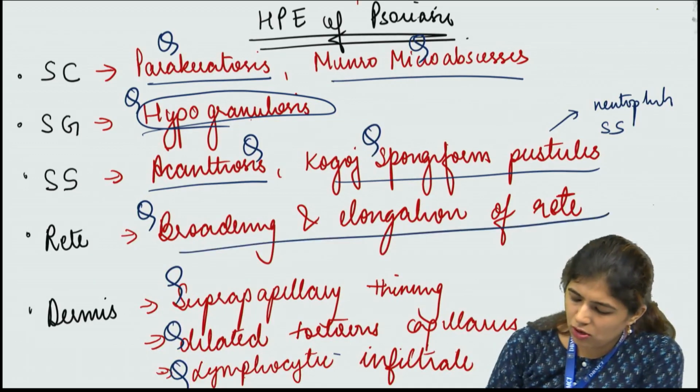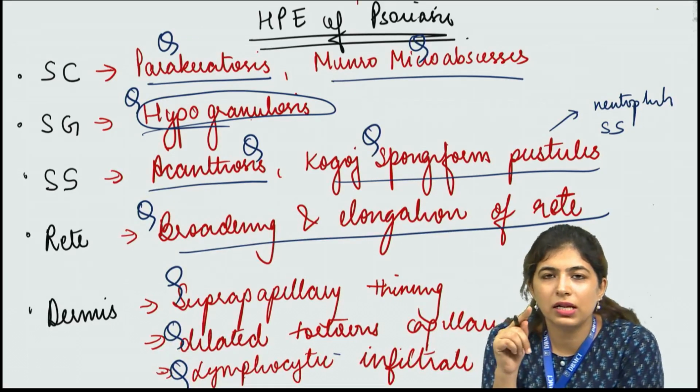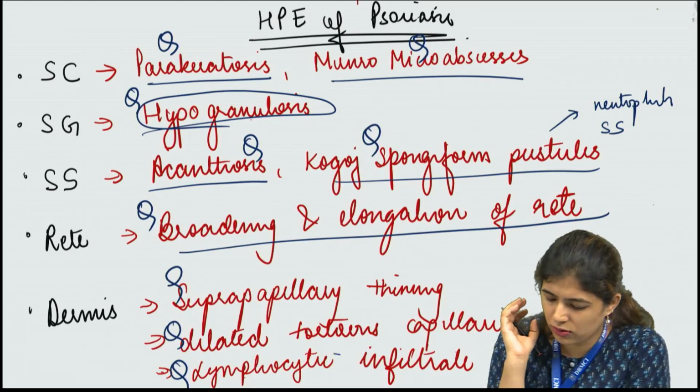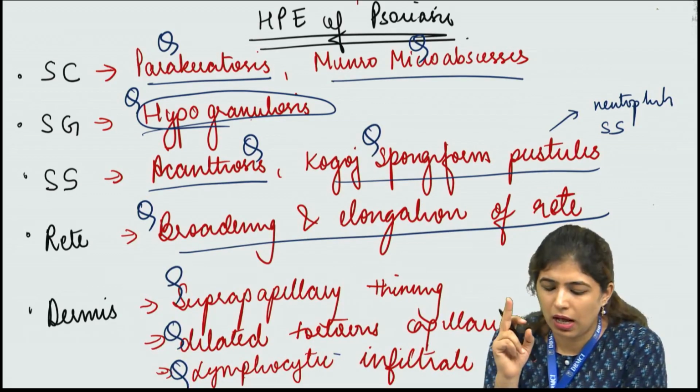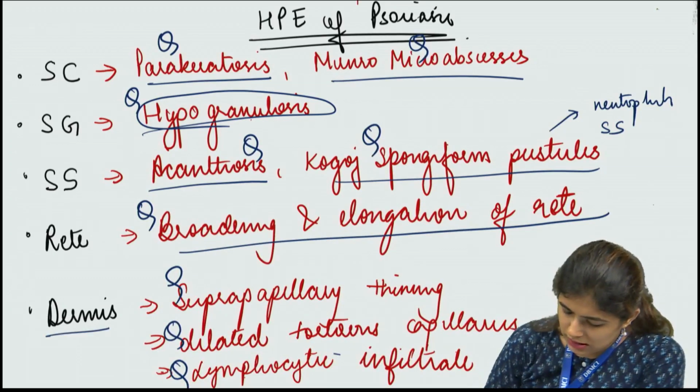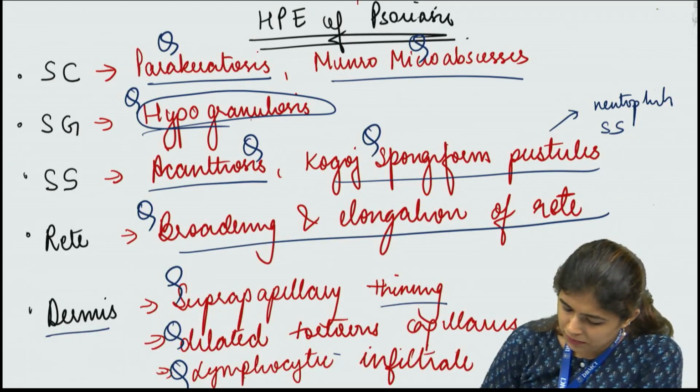Then broadening and elongation of rete. Regular enlargement and broadening of rete, classical for psoriasis. And I'll also show you how it will allow you to recognize a case. Coming to dermis, suprapapillary thinning, dilated capillaries and lymphocytic infiltrate.